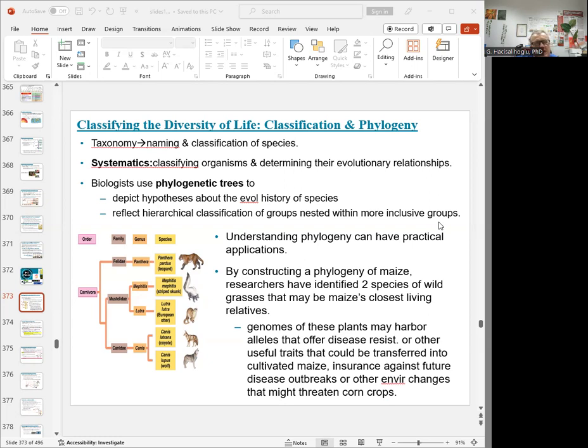Today we use phylogenetic trees, built using homologous features, to understand evolutionary relationships between the different taxa.